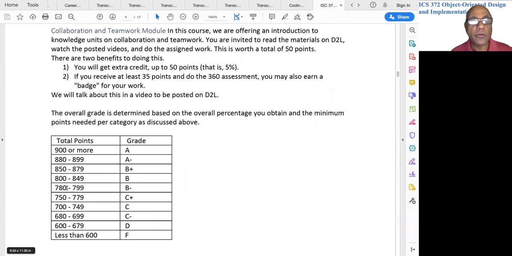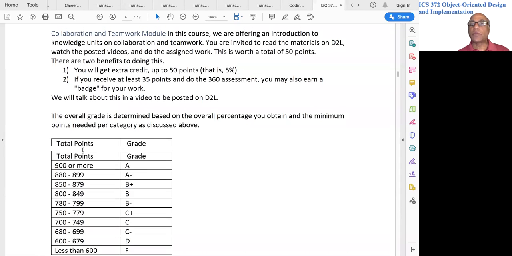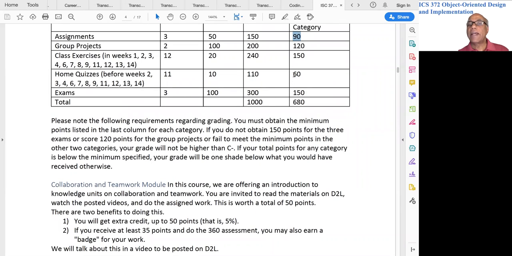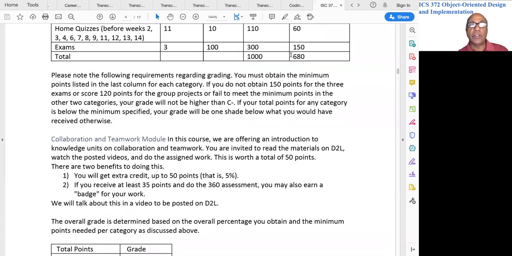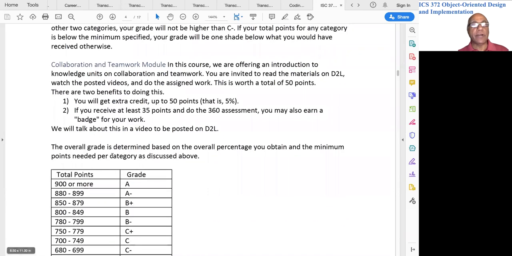So here is your letter grade based on the total points given here and the minimum points needed for each category.